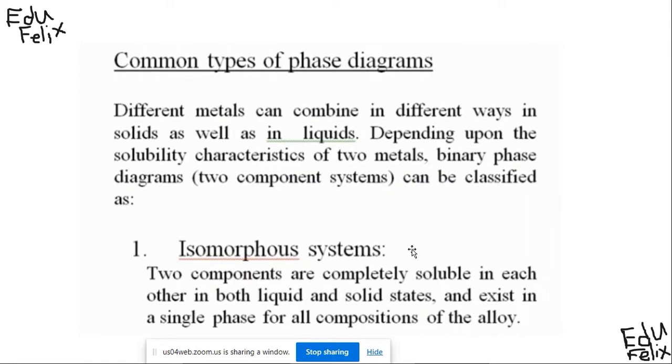Now I think you have some idea about a phase diagram. So after that we are developing our phase diagram. Then there are some kinds of systems to identify inside a phase diagram, because here we are discussing only the binary system. So within that binary system, there are some changes that happen.